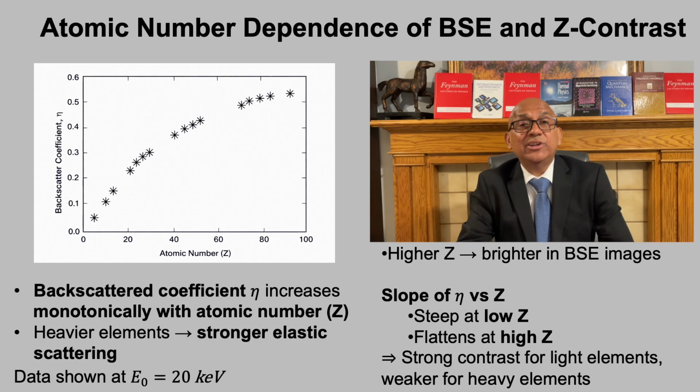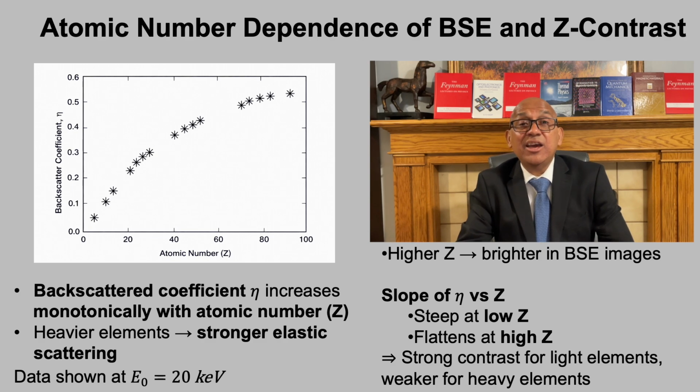This plot shows the dependence of backscatter coefficient on atomic number. The key point is that eta increases monotonically with Z, meaning heavier elements backscatter more electrons due to stronger elastic scattering. Because a measurable signal varies systematically with a specimen property, this monotonic relationship directly produces atomic number contrast, or Z contrast, in BSE imaging.